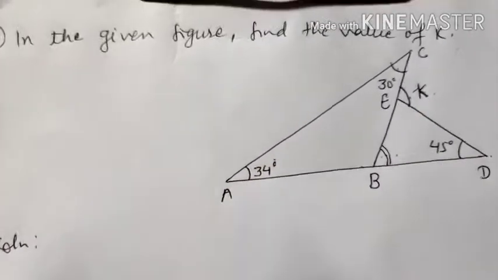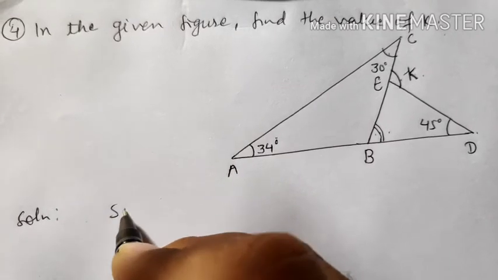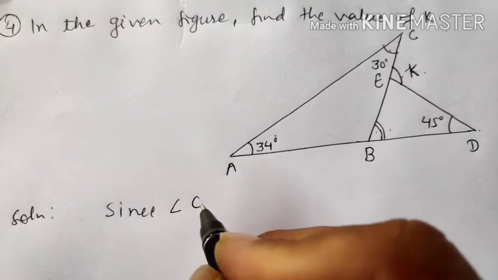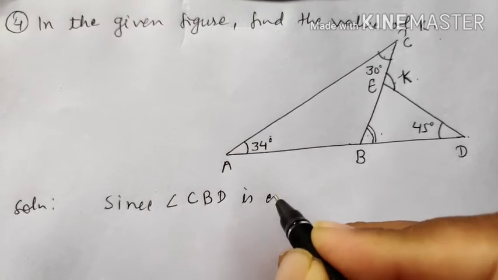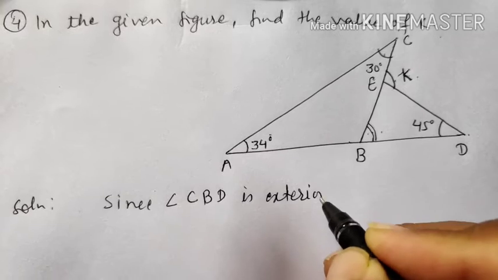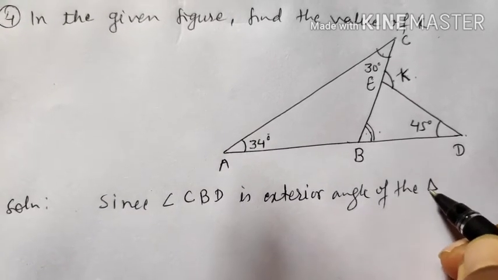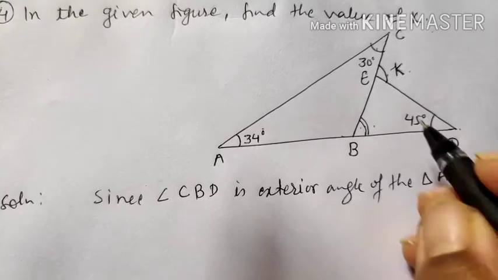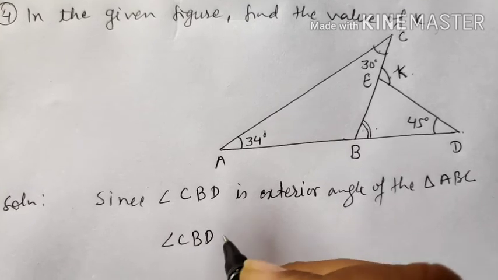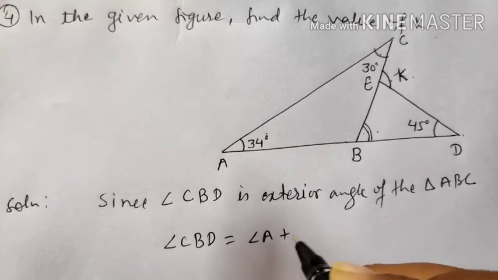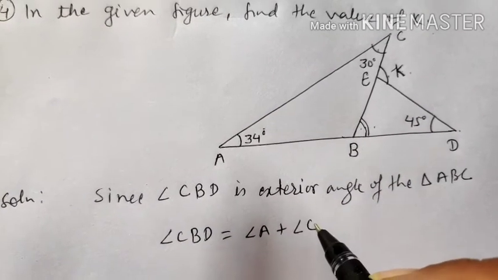So we may write, since angle CBD is the exterior angle of the triangle ABC, that means we may write it as angle CBD must be equal to angle A plus angle C. Why must angle CBD be equal to angle A plus C?